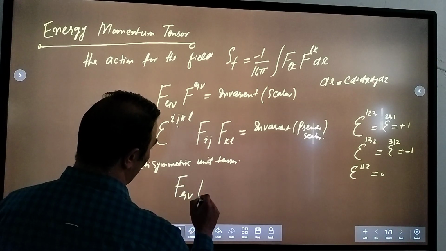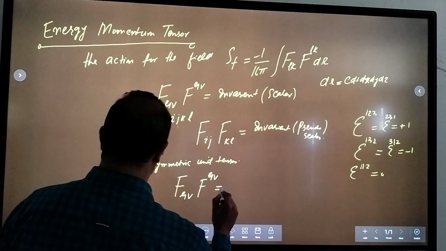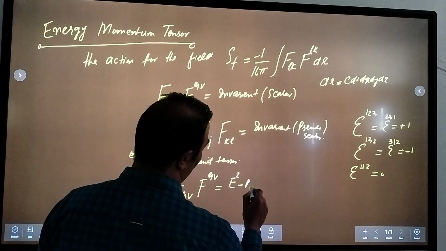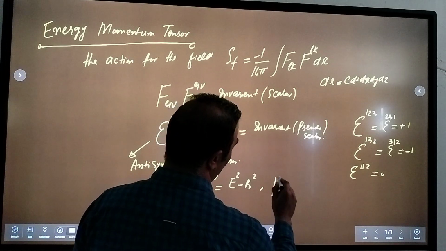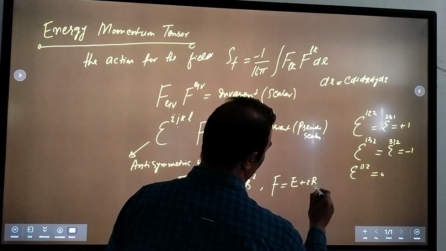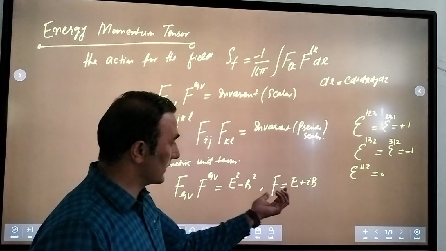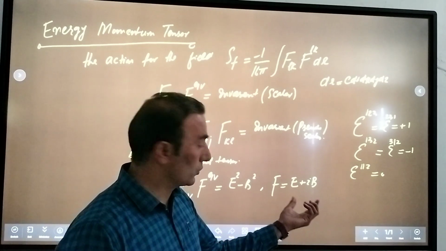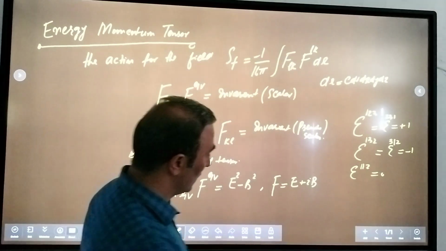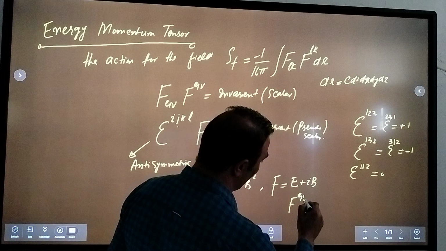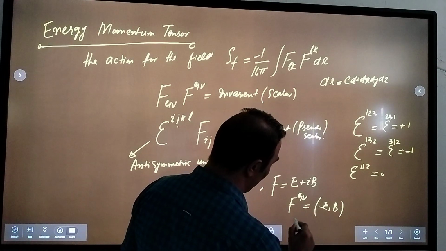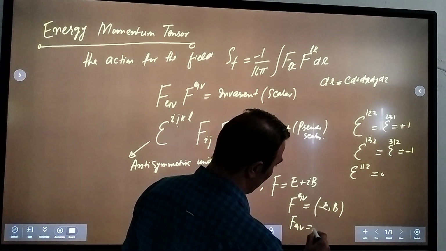It will be equal to E squared minus B squared, so F will be some E plus iota B. Because, as I already told you in our previous lecture, the components of the contravariant electromagnetic field tensor F mu nu will be minus E and B, and for the covariant F they will be E and B.